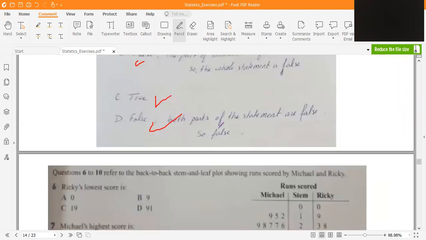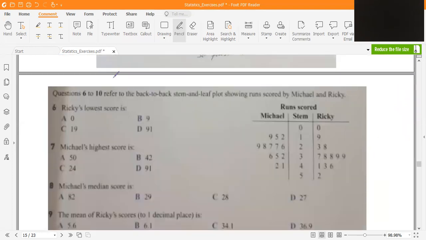Okay, very easy. Questions 6 to 10 refer to a back-to-back stem and leaf plot showing runs scored by Michael and Ricky. The topic of this statistical survey is runs scored.